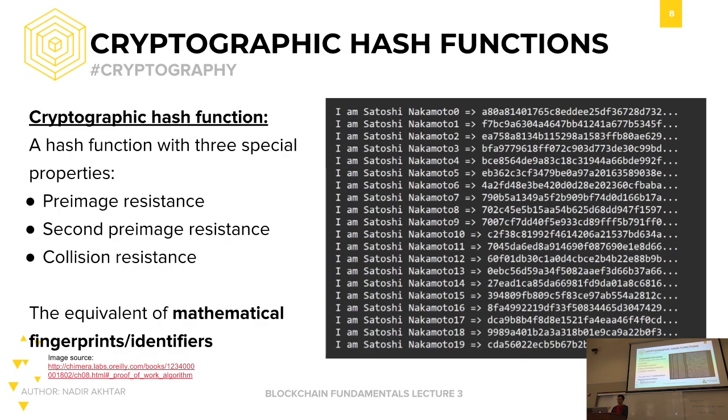We also want hash functions to be deterministic, meaning that the same input will always yield the same output, no matter where or when you compute this hash function. And that's important because we don't want different outputs to map to the same input and vice versa.